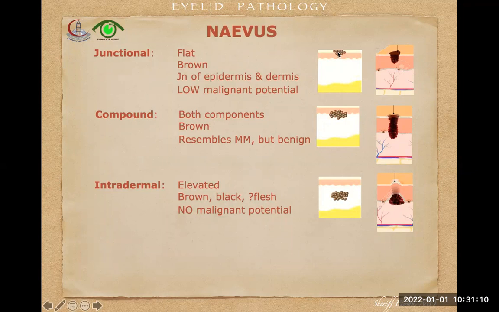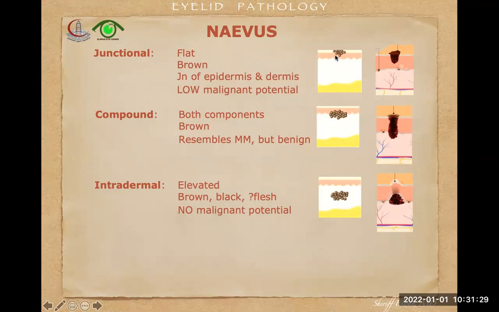So it might be junctional, epithelium and dermis; compound, the junction with dermal component; and intradermal is the dermal one, in the dermis only.